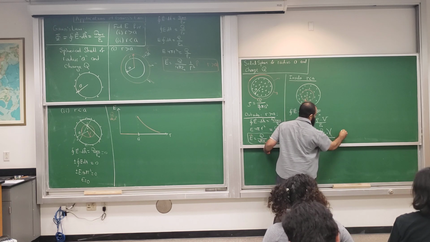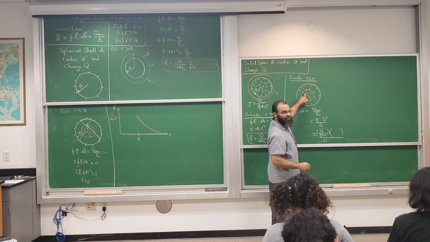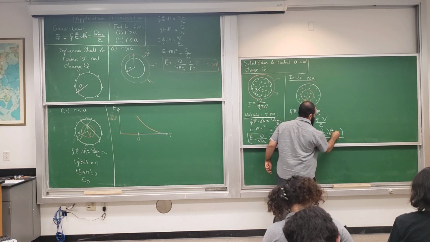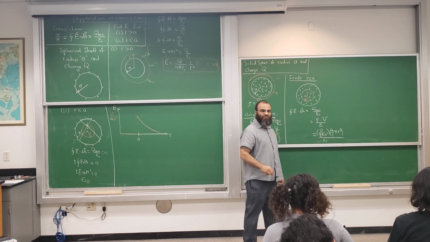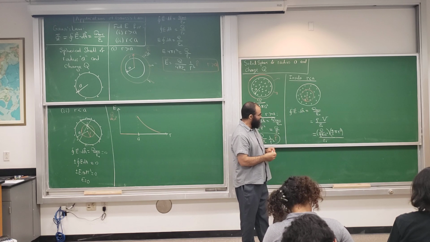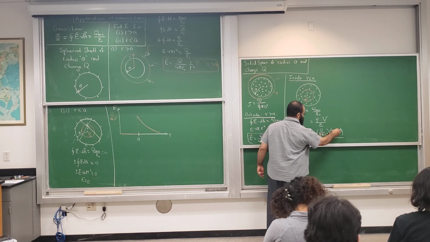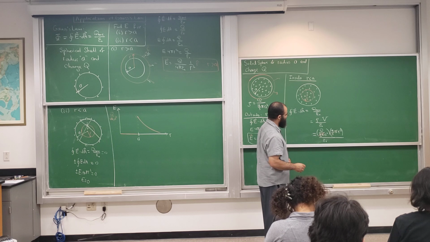And then what's the volume of this red sphere? 4/3 pi little r cubed. So the 4/3 pi cancels. Fine. We will simplify this in a moment.